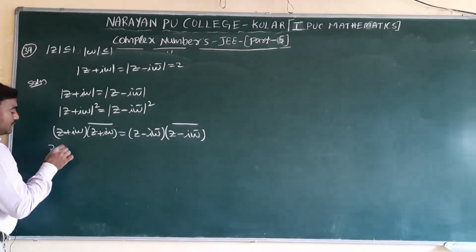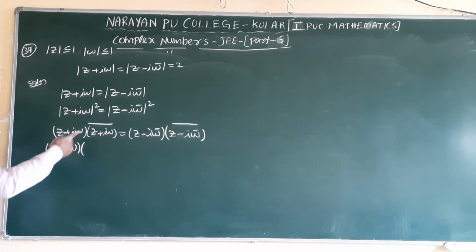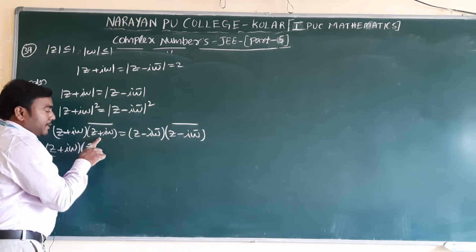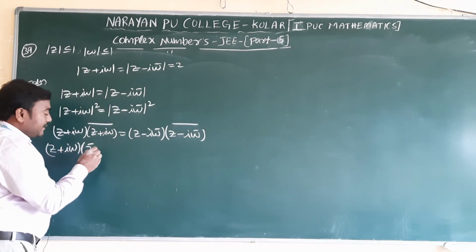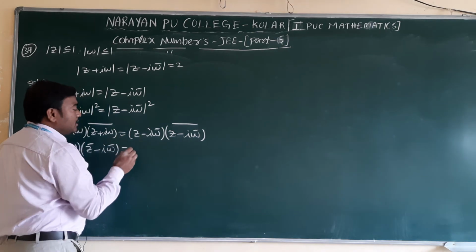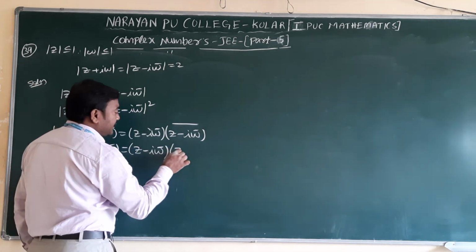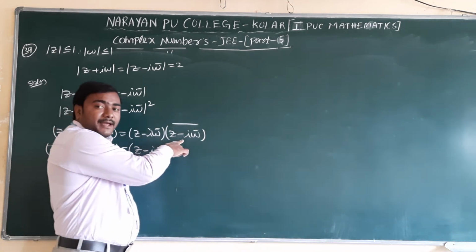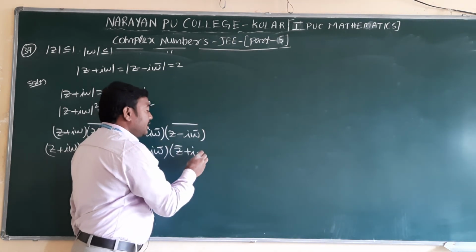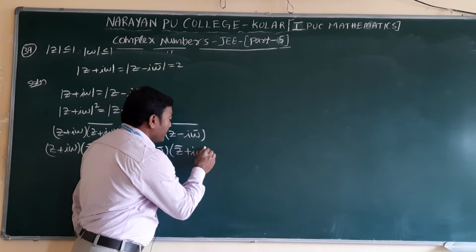Here z plus i omega into applying bar, z bar plus, so i bar value minus, directly minus i into omega bar, is equal to, here z minus i omega bar, here z bar, but minus i bar value plus i into omega bar whole bar. So already we know that z bar whole bar value is z, and omega bar whole bar value is also omega.